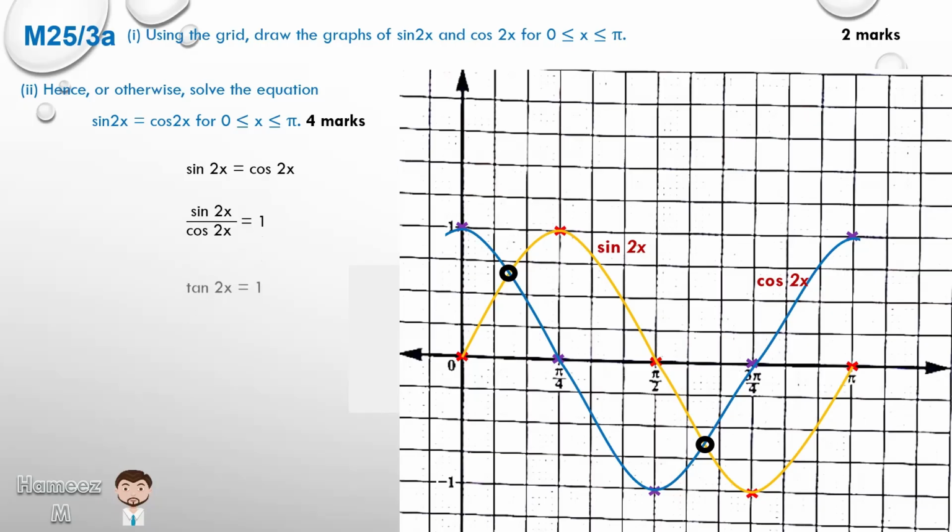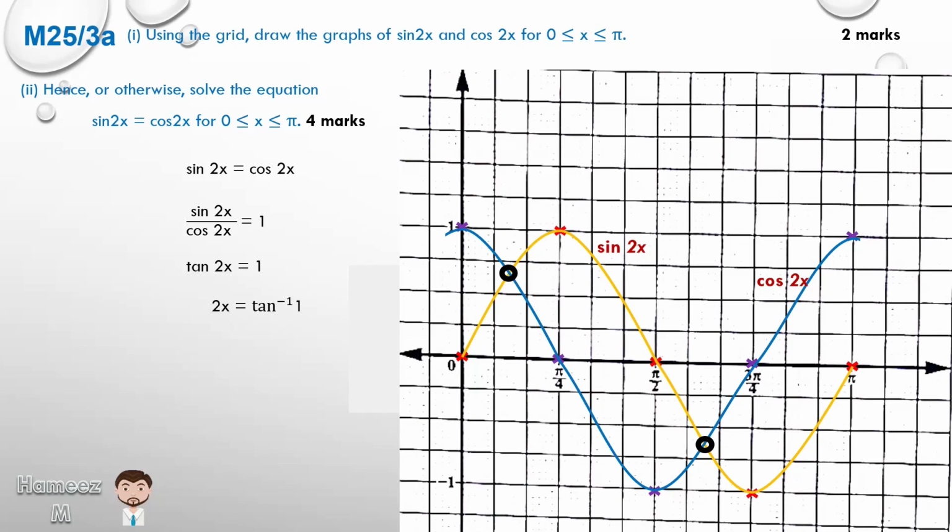That gives us tan 2x. So tan 2x is equal to 1. If we want 2x alone, we can move it across by finding the inverse. So arctan or tan inverse of 1 is 2x. And if we think of that as 45 degrees, it is π/4.